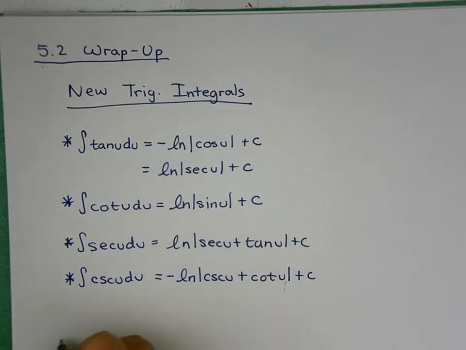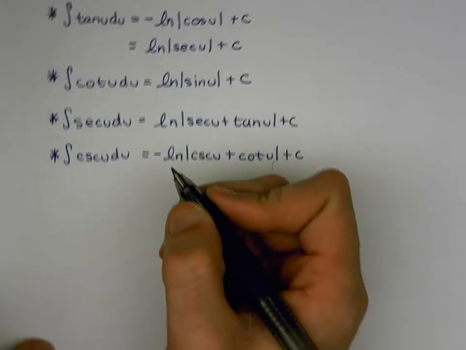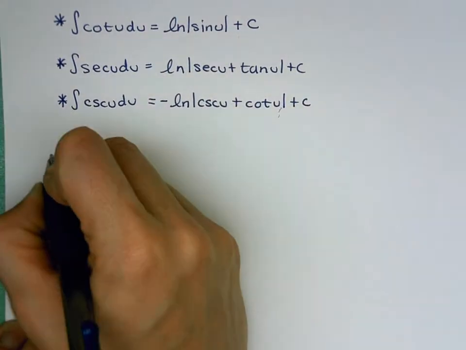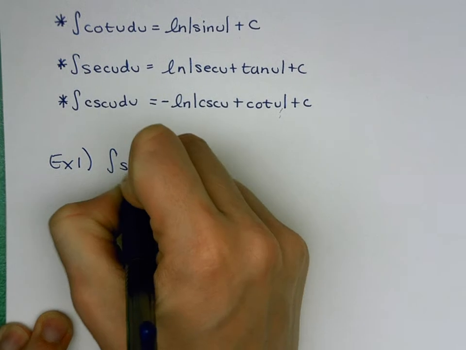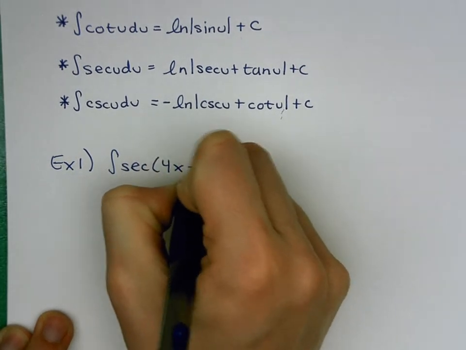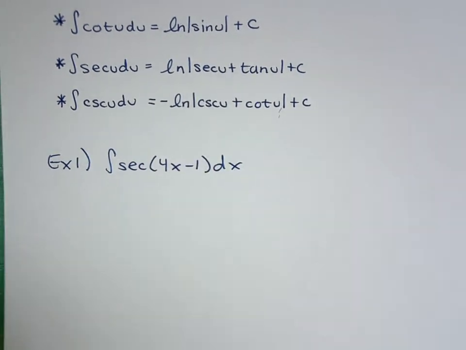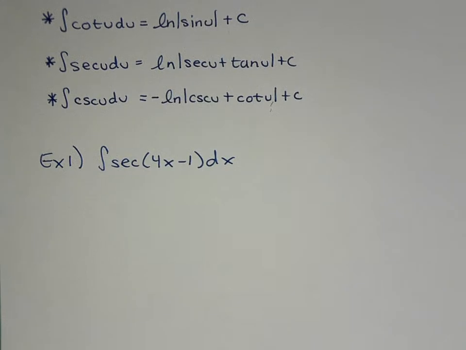Starting here, we're going to look at example 1. Let me slide this up. We have the integral of secant 4x minus 1 dx. We're going to do this one together. A reminder from first semester: with our trigs, we only know integrals of the trig with a singular variable in it, right?